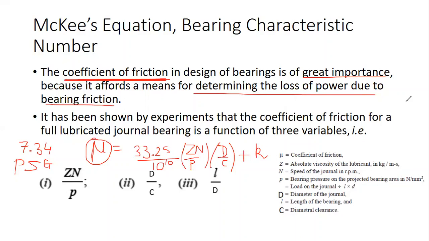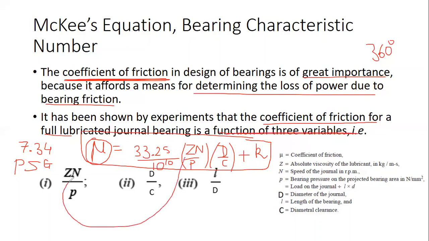So here you can see from this whole equation that coefficient of friction mu for full lubricated bearings, we are talking about 360-degree journal bearings, hydrodynamic bearings, is the function of three variables. You can see this is the first variable, Zn by P, where what is Z?